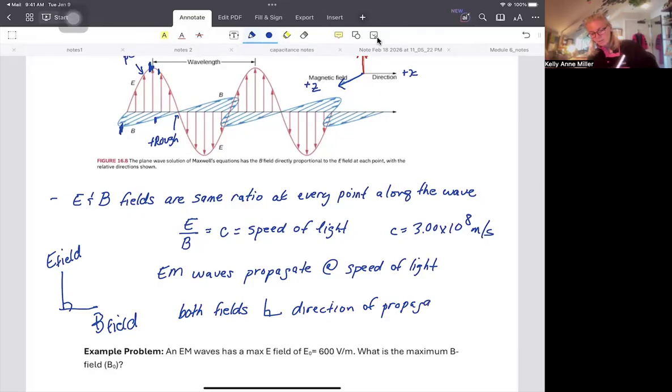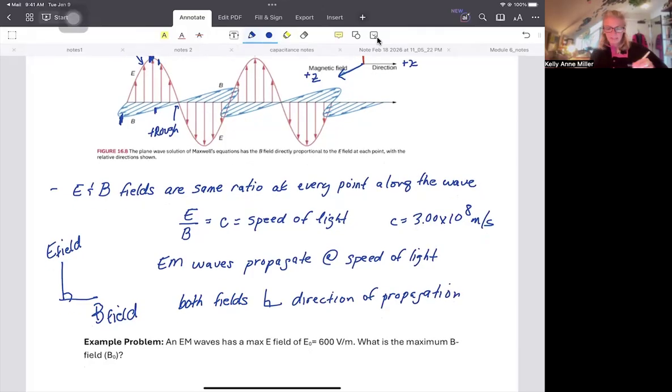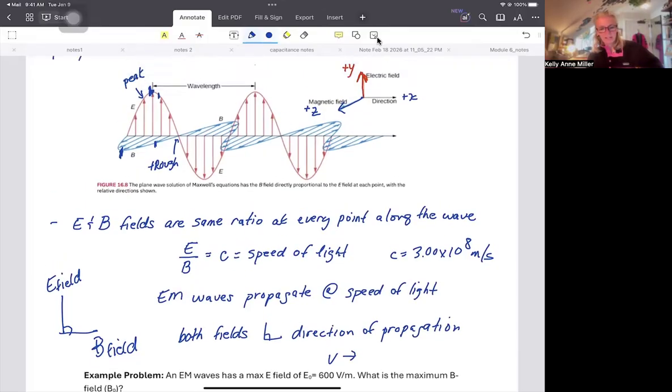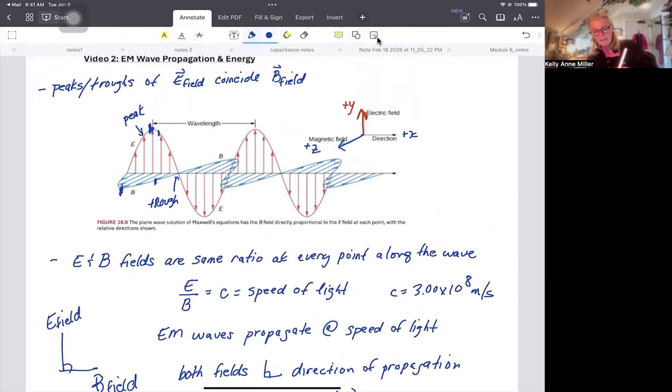So again, you can use your right hand to figure out the relationship between those three things. So direction of propagation, like the V, right? So this wave is propagating in this direction. Okay, it's a transverse wave that's moving through space in that direction.